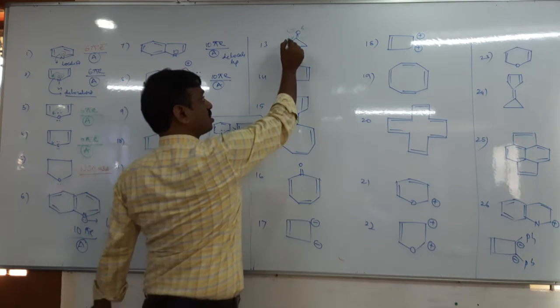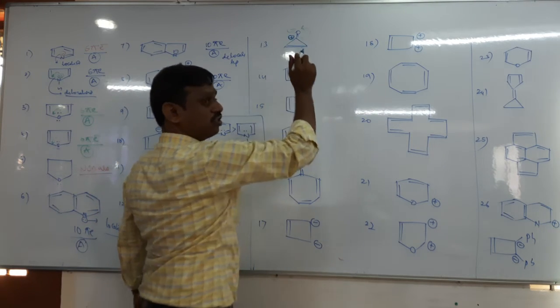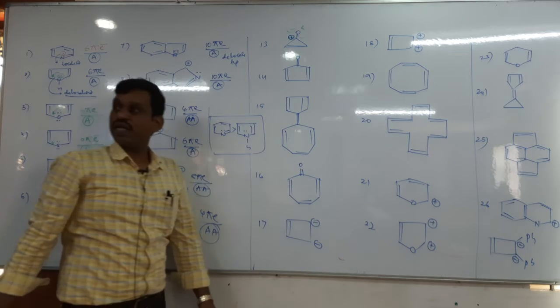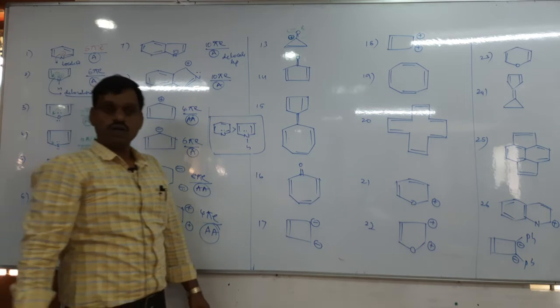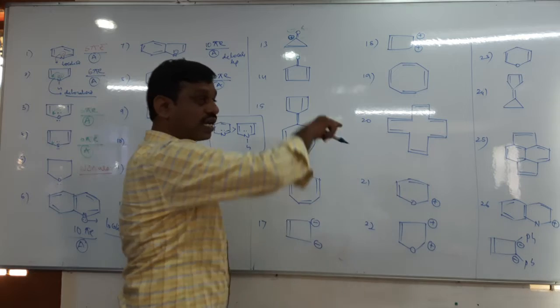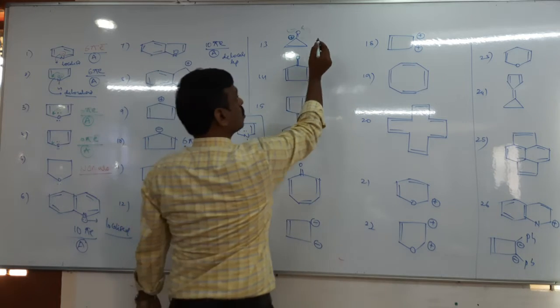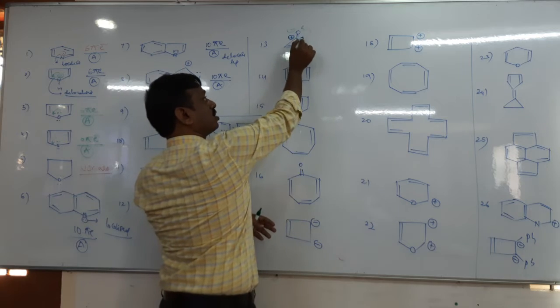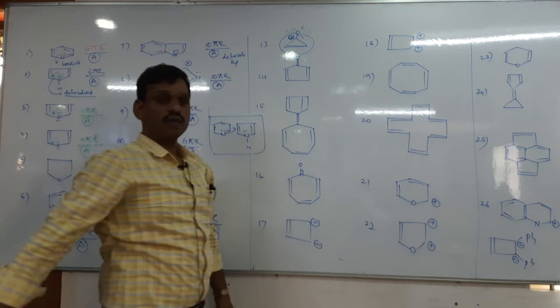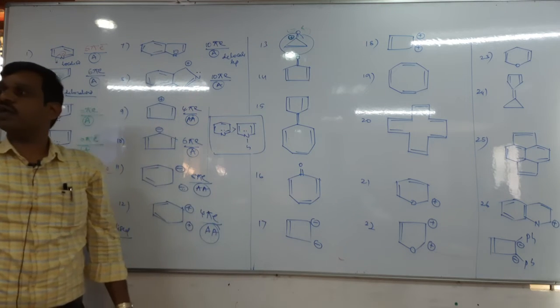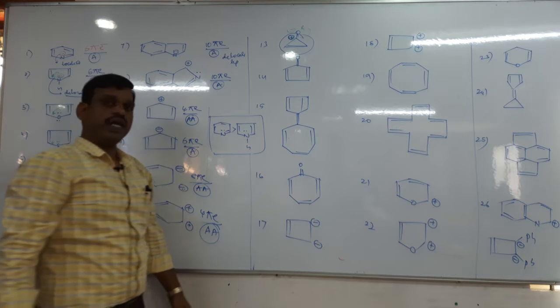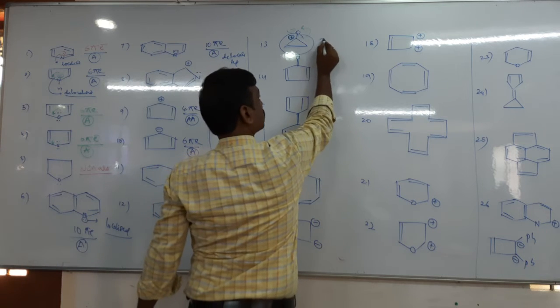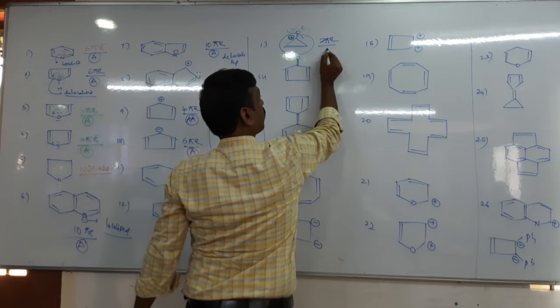That means this carbon gets a positive charge. Then calculate the number of pi electrons. 2 pi electrons. Cyclic planar, 2 pi, no? Not 4, 2 only. You just see one ring. How many pi electrons does the cyclic ring have? 2 pi electrons. Therefore 2 pi comes under aromatic.